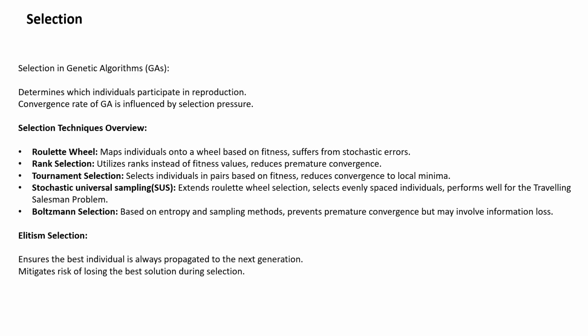So the selection in genetic algorithms determines which individuals participate in reproduction, basically which individuals will be passed on. And the convergence rate of the genetic algorithms is also influenced by selection pressure. So you can adjust your selection pressure accordingly, and you have that flexibility to select how many, or up to what values of fitness, you want to propagate the solutions to the next generation.